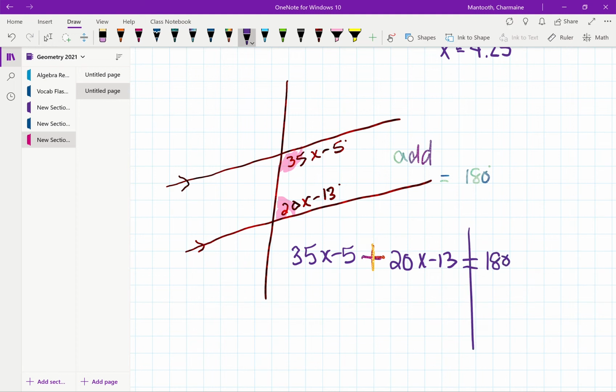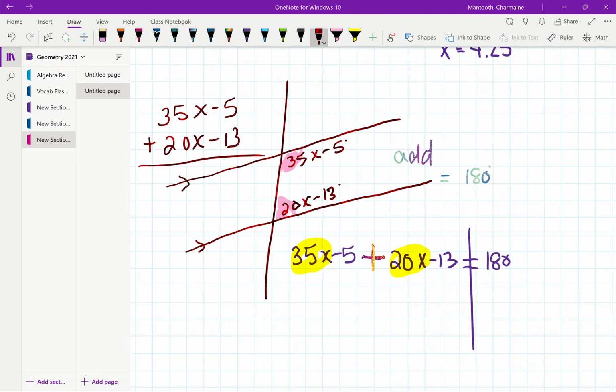Remember, you have like terms on the same side of the equal sign, so I'm just going to add the 35x plus the 20x. For some of you, it might be easier to do it like this. If you know you're going to add them, line them up like you're adding anything. Just make sure you add up the like things. 35x plus 20x is 55x.